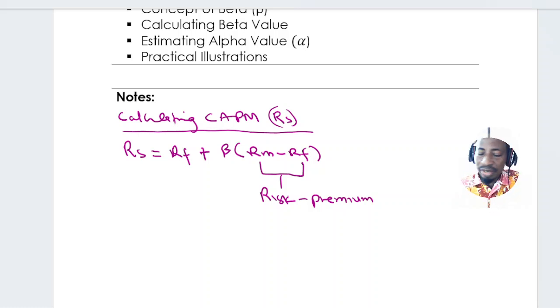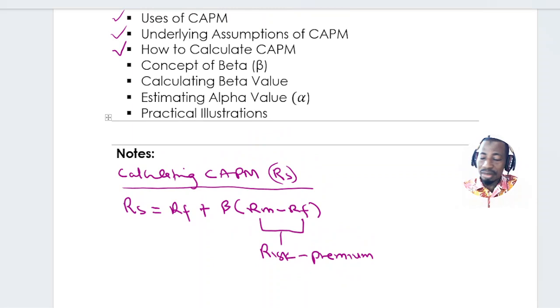That's what an investor is expecting in addition to the time value of money. In addition to the risk-free rate of return, they also expect a risk premium on their investment to compensate them for taking additional risk. So this is how to calculate the capital asset pricing model.